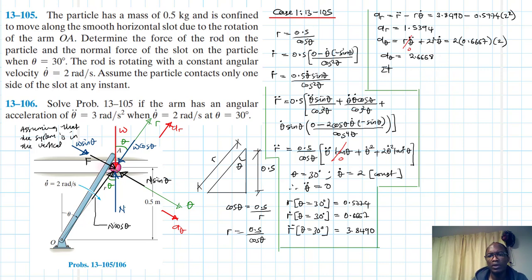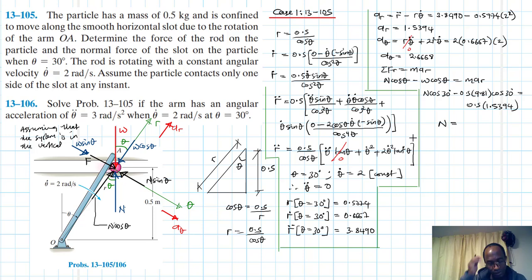And then we have summation of forces in the r direction equal to m a_r. In this direction, we do have N cos theta minus W cos theta equal to m a_r. So N cos 30, theta is 30, minus 0.5 by 9.81 cos theta, this is just 0.5 by a_r, which is 1.5394.